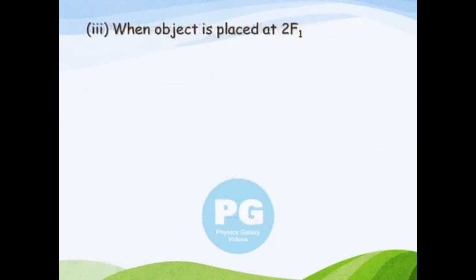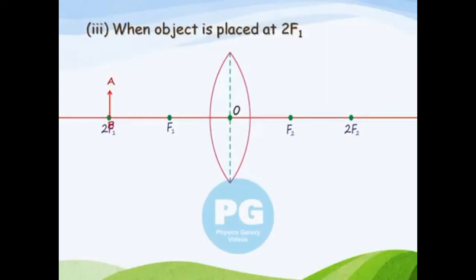When object is placed at 2F1. Here is our object AB. Now a ray of light from point A of this extended object AB goes parallel to the principal axis, and after refraction passes through the principal focus on the other side of the lens. Again, to form an image, we need at least two refracted rays.